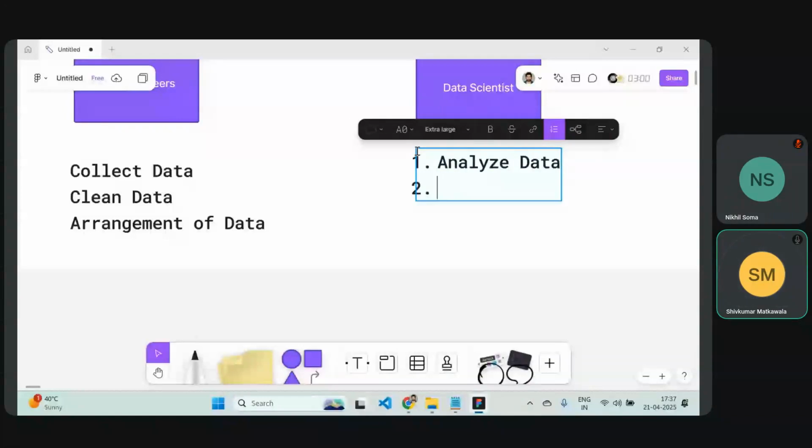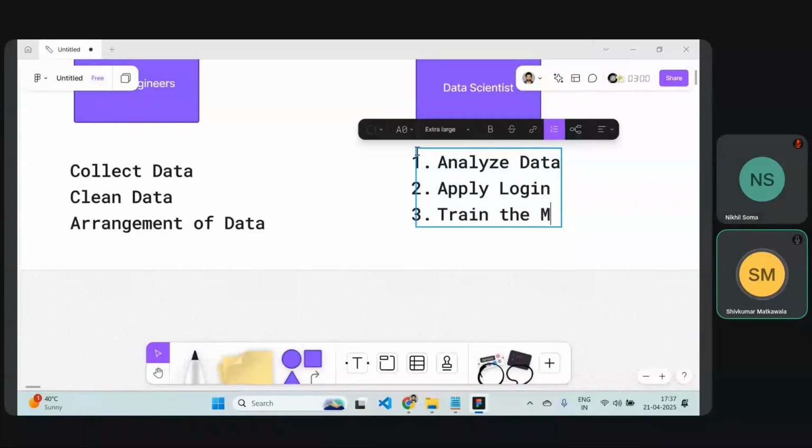Third, train the machines. And once you train the machines, then what? Deploy that model. Once you train the machine, that application which gives you the answer, you have to deploy it. Deploy means you have to make it available for end users.